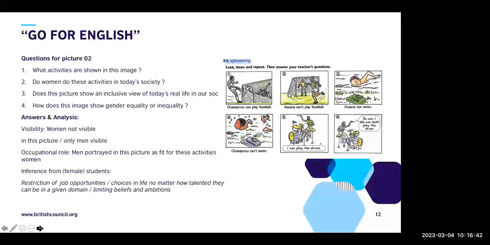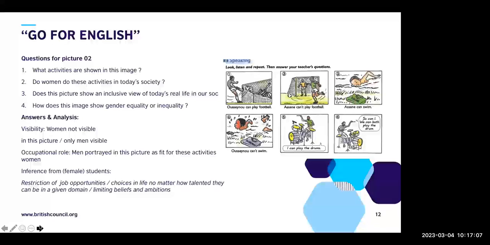Okay, here also you have the set of questions for these pictures, okay? After analyzing them, in terms of visibility, you have no women. In all these activities, there's no women in the picture, okay? Only men are visible. In terms of occupational role, men are portrayed in this picture as fit for these activities, not women.